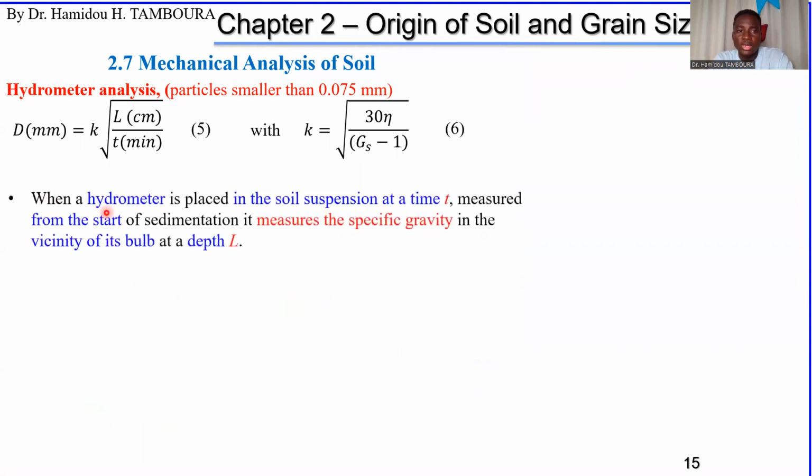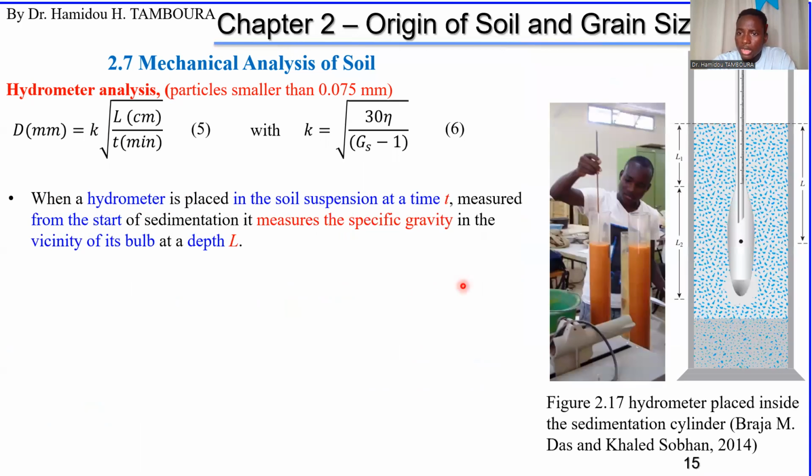Then the hydrometer is placed in suspension, meaning the mixture of soil and water, like this. This figure is showing the hydrometer in the water, in the mixture, in the extract.